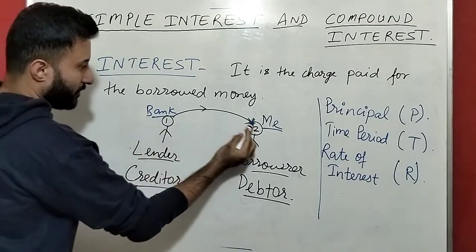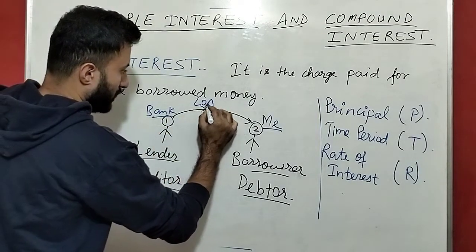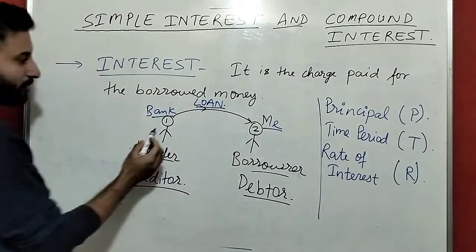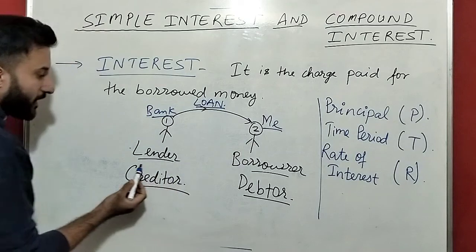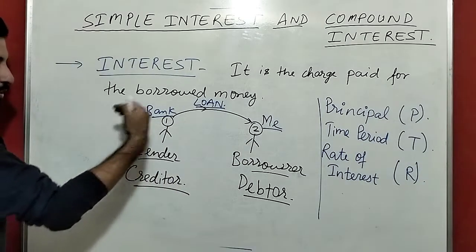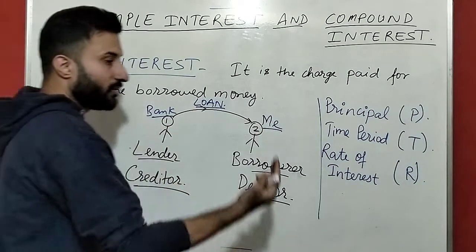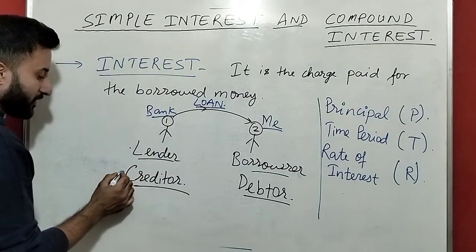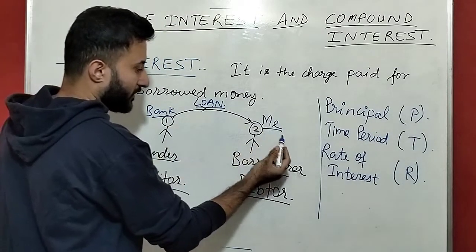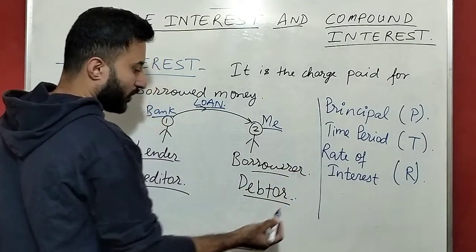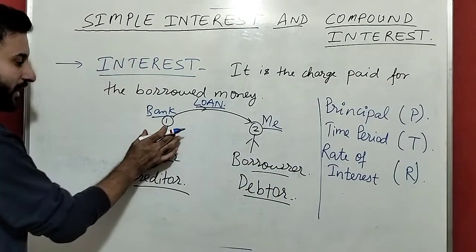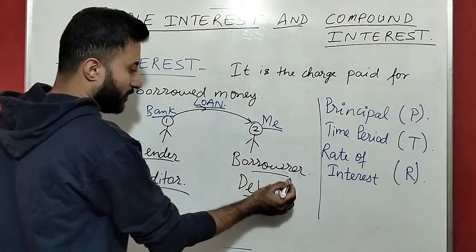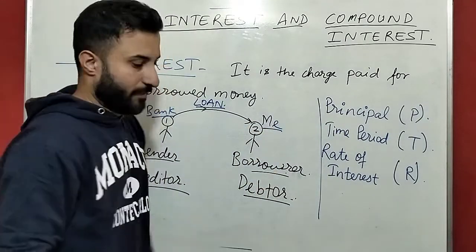So the bank has given me a loan, or you can say the bank has given me the money. Who is giving? That is the lender, or it is called the creditor. Who is taking? It is called the borrower, or the debtor. So the bank is giving, so the bank will be the lender or creditor. I am taking, so I will be the borrower or the debtor.